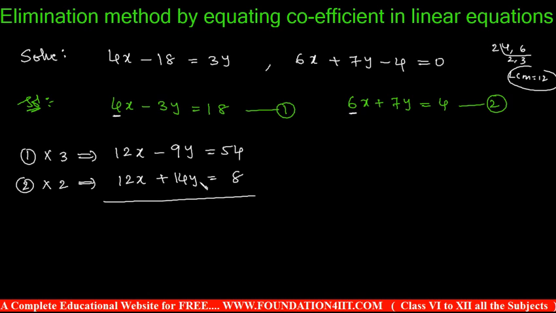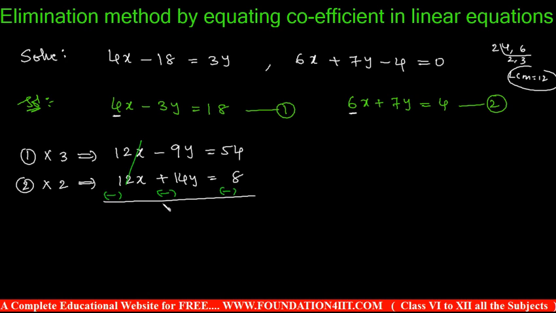Then once the coefficients are the same, we can subtract these two equations. Right? Subtracting means we should change the signs, because I am subtracting this from this. 12x minus 12x cancels, minus 9y minus 14y, because the sign is changed. From this I am subtracting this value.